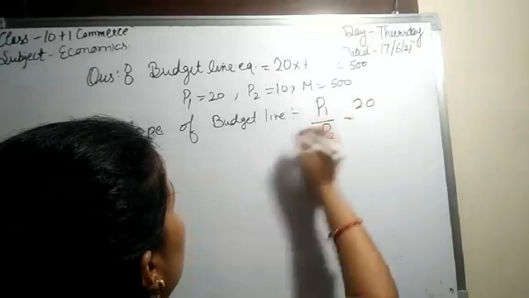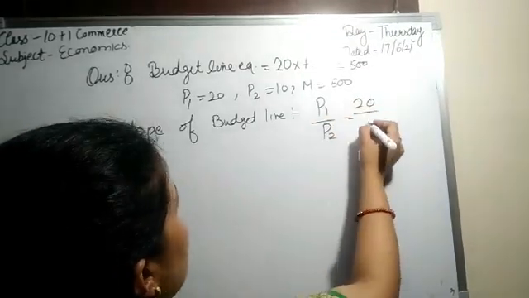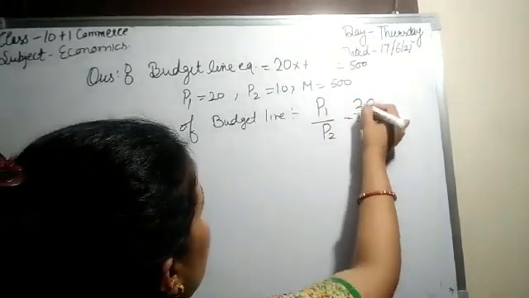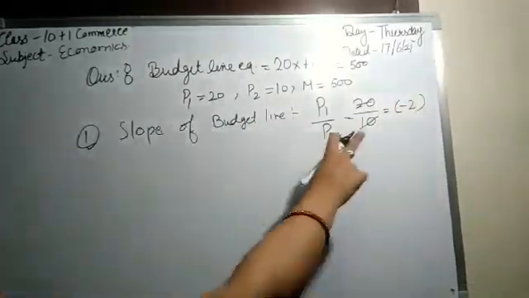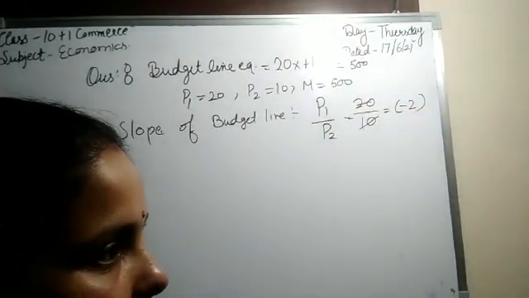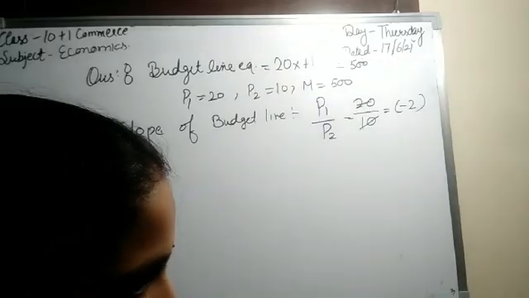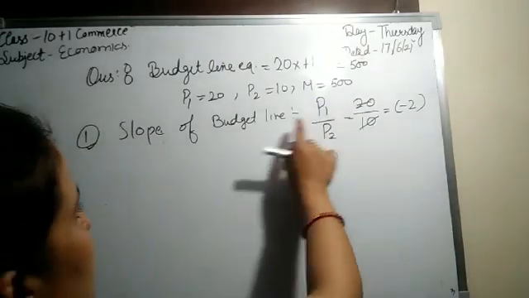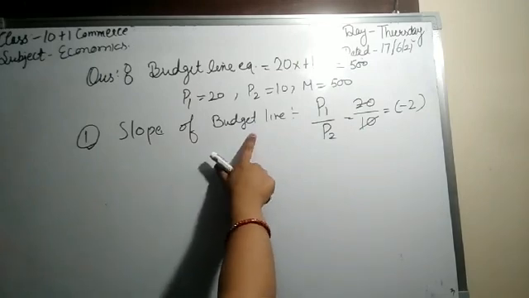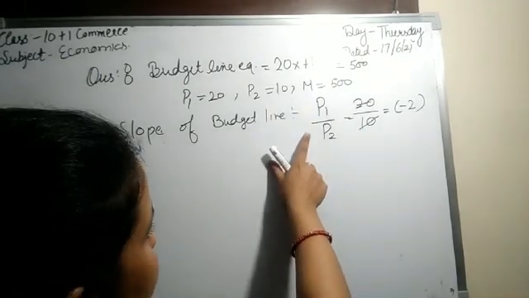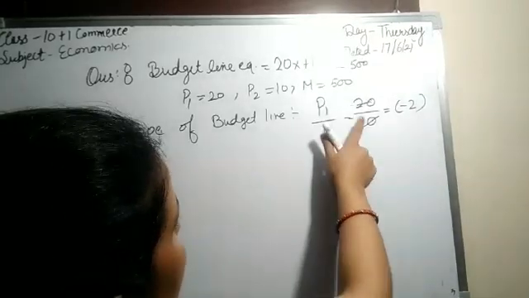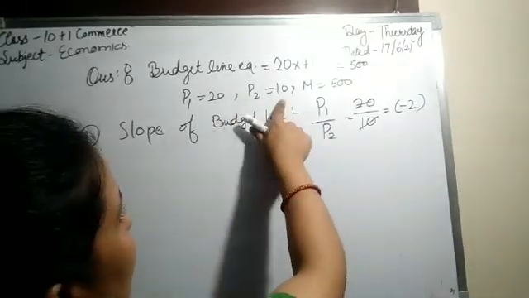Price of X commodity is 20, price of Y commodity is 10. So the slope of the budget line is -2. Why do we write -2? Because it has a negative slope. So you know how to calculate the slope: price of X commodity by price of Y commodity, 20 upon 10.